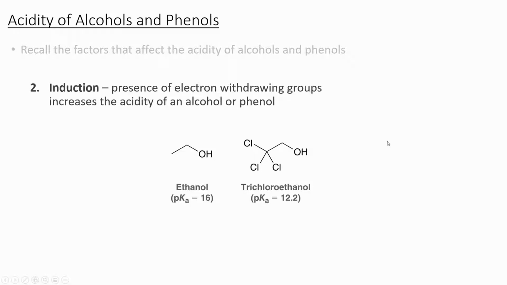So you could think of these chlorines as hogging electron density, and this dipole moment flows through the sigma bonding framework of the molecule. So some of the negative charge that would build up on the oxygen when it's deprotonated can be stabilized through these chlorines or other halogens that might be attached to the molecule. So comparing ethanol to trichloroethanol, we have a 3.8 pKa difference between the two molecules.